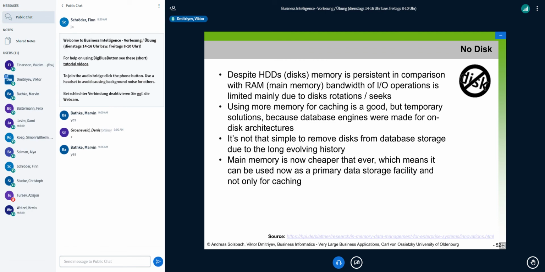Then another benefit that we have is no disk. Obviously I won't stop on that, because in an in-memory database we have no disks. Actually we have a disk, but it's used for backup, or as researchers and developers say, for persistent storage of the data.